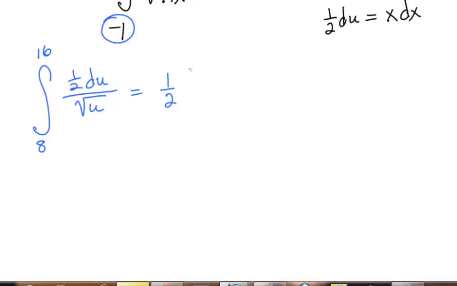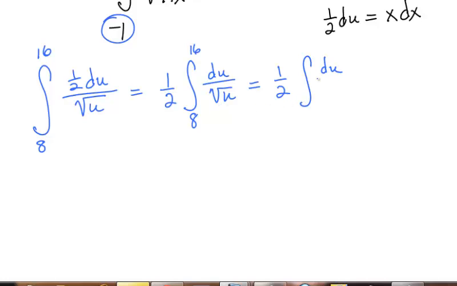That just simplifies it. And the integral of du over the square root of u from 8 to 16. Still leave the 1/2 out front. So that's u to the 1/2 power from 8 to 16.